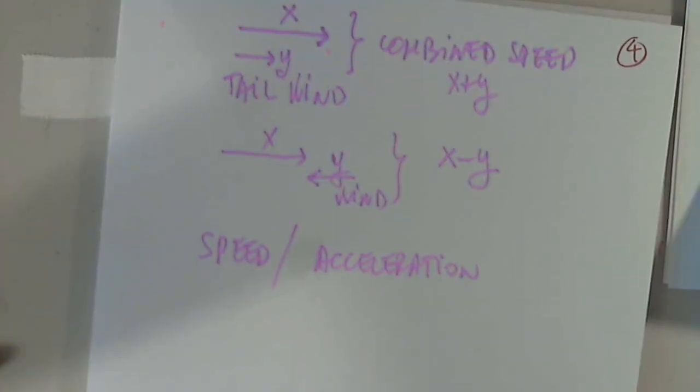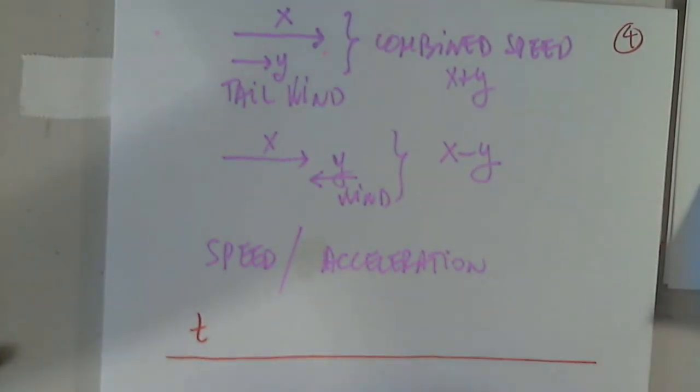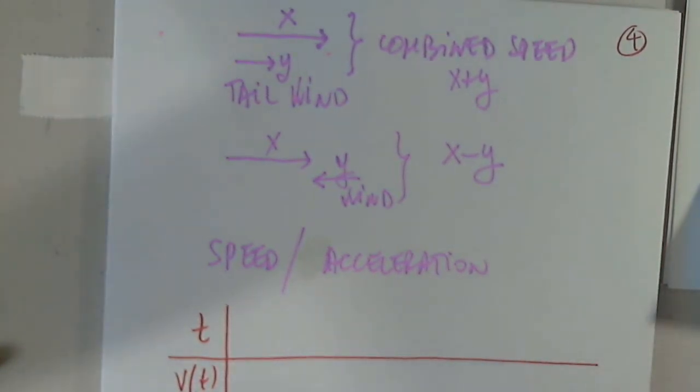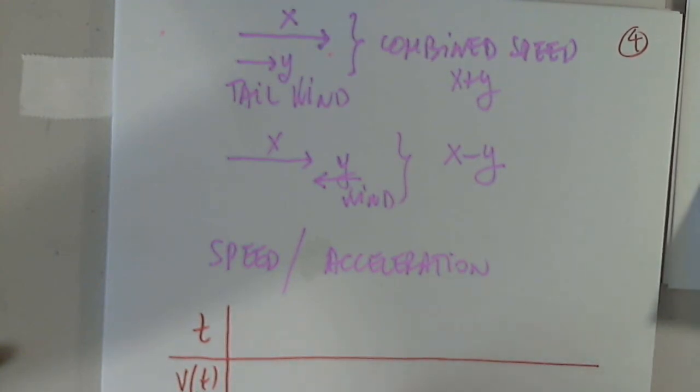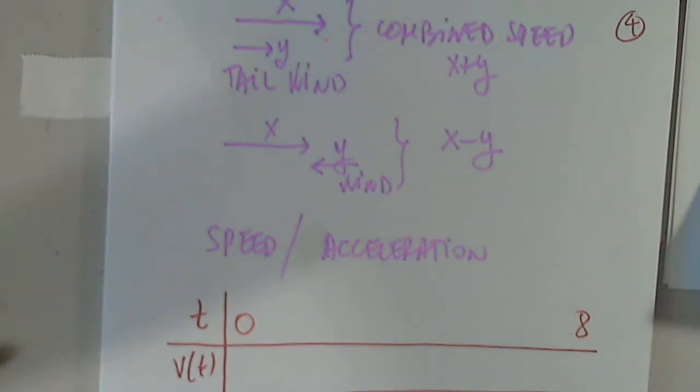So what I need to do is study the sign of both and see what happens. So this is the velocity. This is the acceleration. And here's the conclusion. Of course, we are looking at 0 to 8.